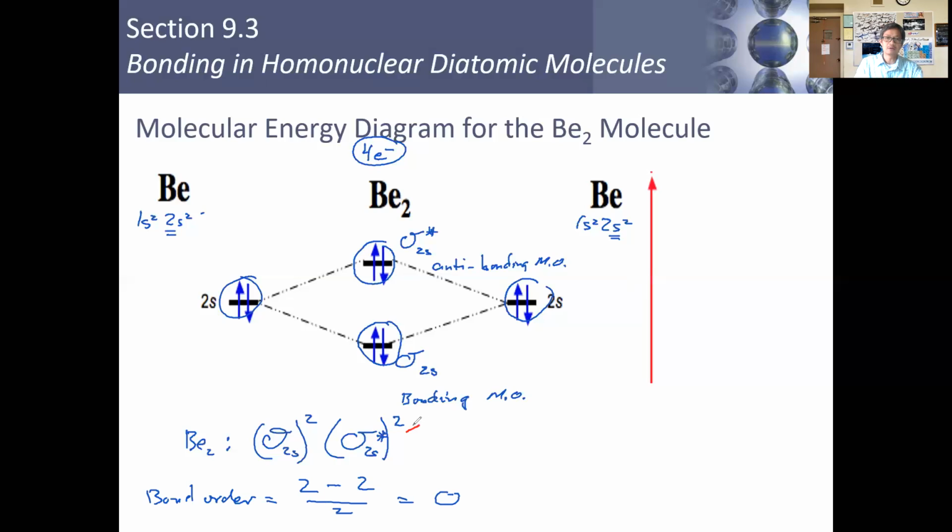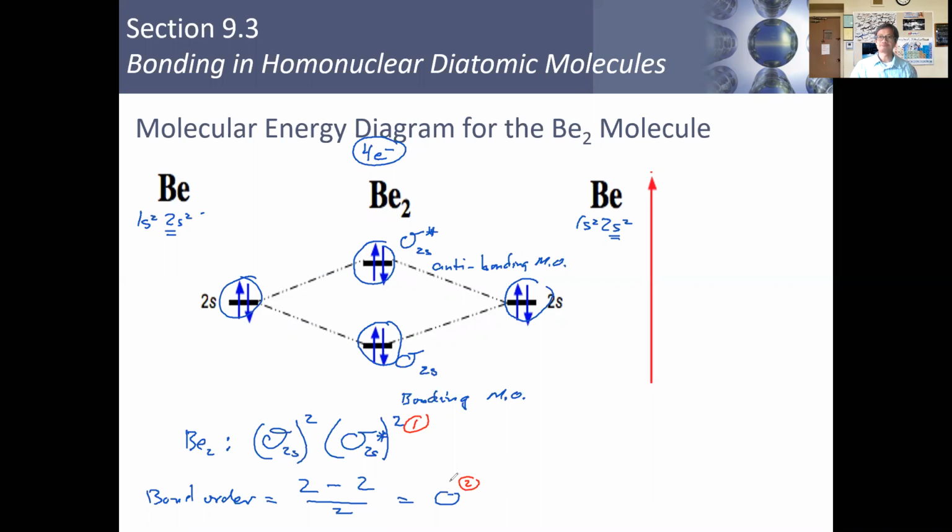One, you have a molecule in which you have electrons sitting in the anti-bonding state. And two, you have a bond order here of 0. Remember, the larger the bond order, the stronger the bond is going to be. This is 0, so that bond would not exist. There's no strength in that bond.